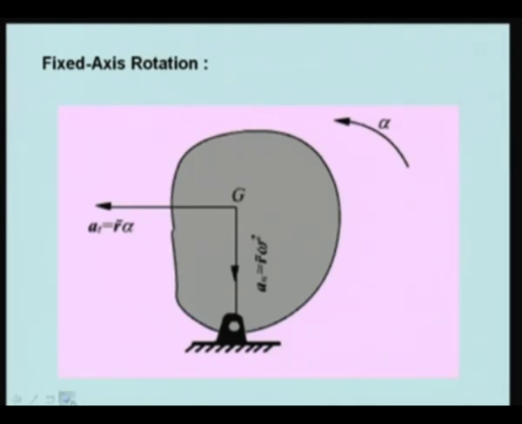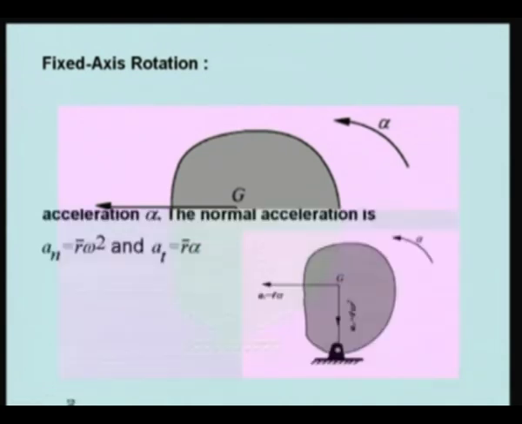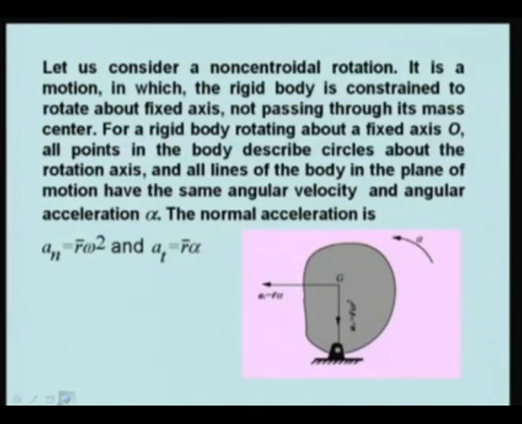Now in this body, let us see what the equations are. Now we consider non-centroidal rotation. That means assume that O is not the center of mass. In non-centroidal rotation, a rigid body is constrained to rotate about a fixed axis not passing through the mass center.